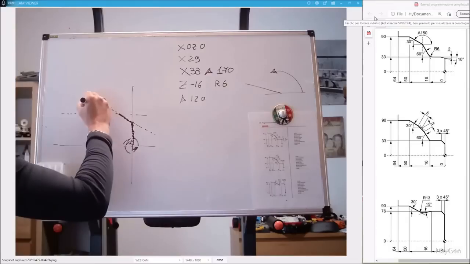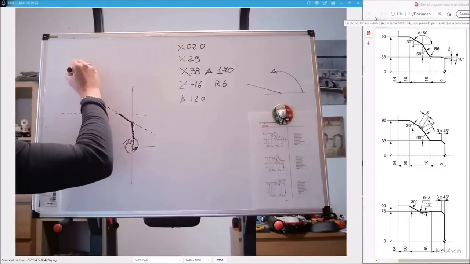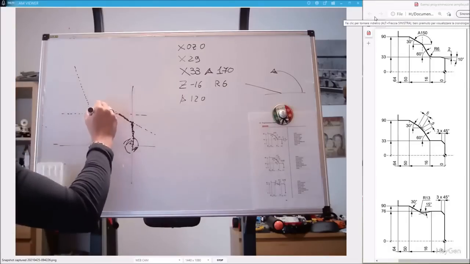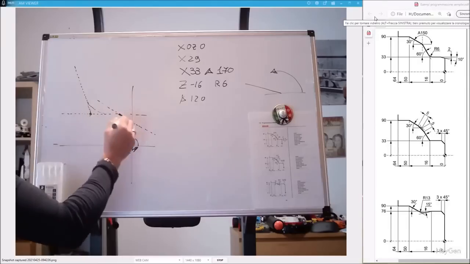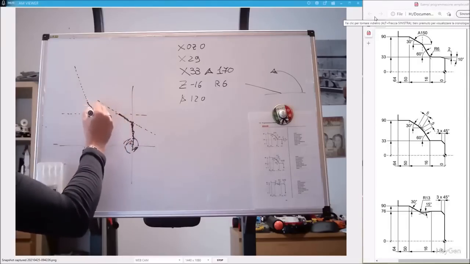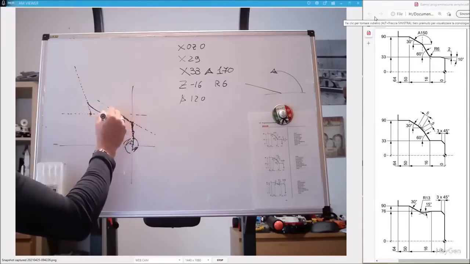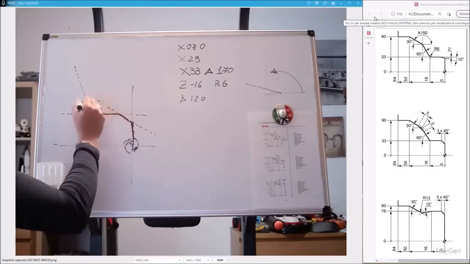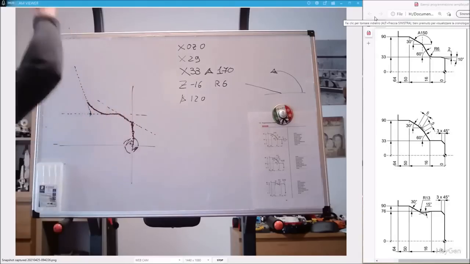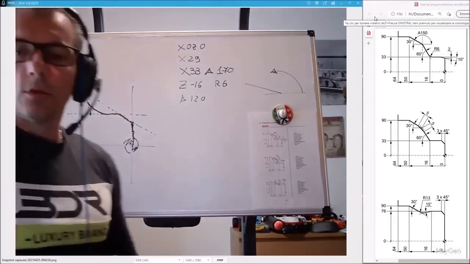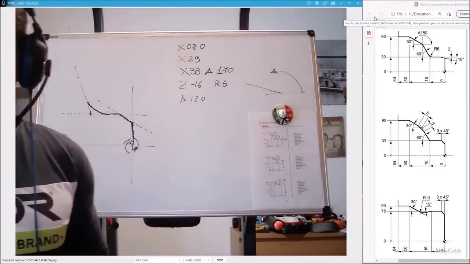The machine draws its line, and here it draws its arc, so it can already reach up to here. But at this point, the 120 degrees are infinite for it. I haven't given it any final reference point.